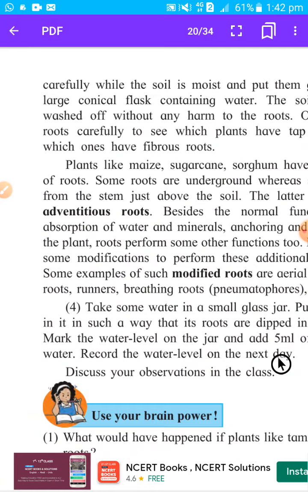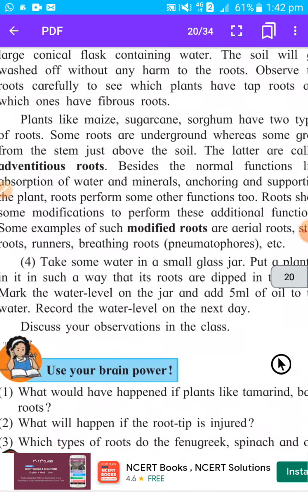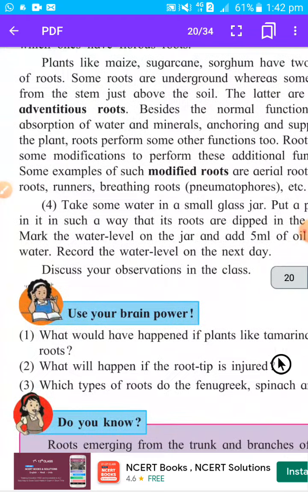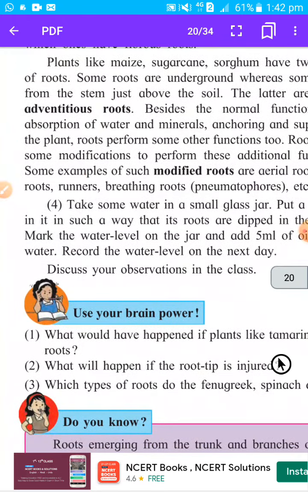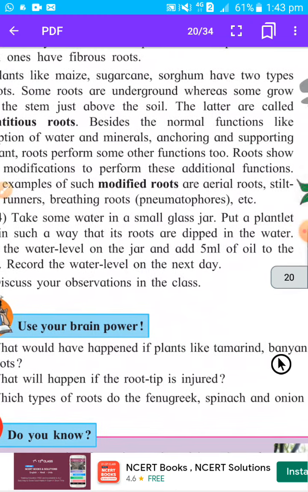Because maize, sugarcane, sorghum have fibrous roots, they are not sufficient for support. So nature has given an adaptation: some extra roots above the soil, called adventitious roots. Besides the normal functions like absorption of water and minerals, and anchoring and supporting the plant, roots in many plants perform some other functions too.